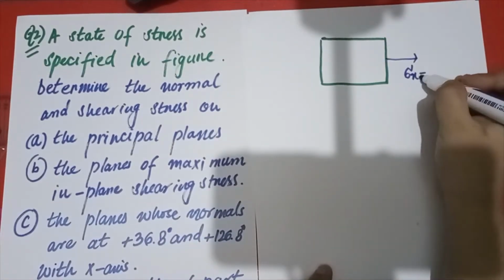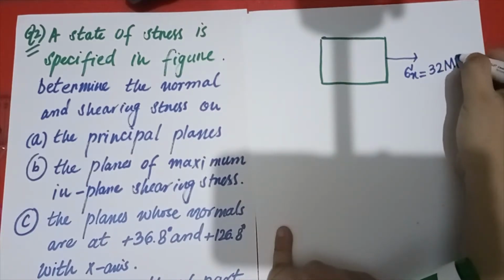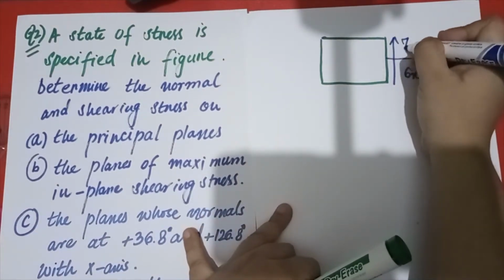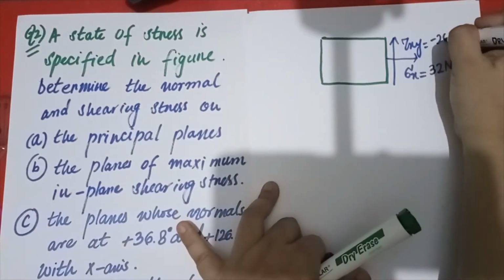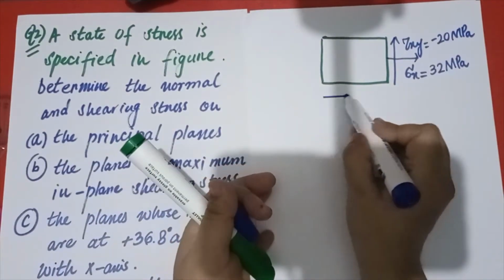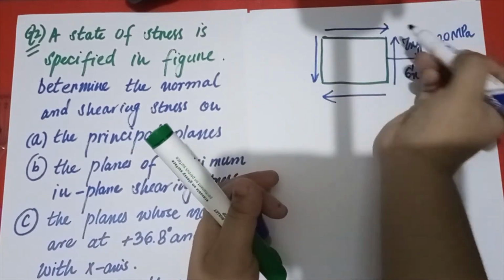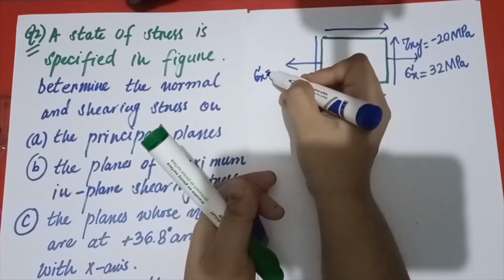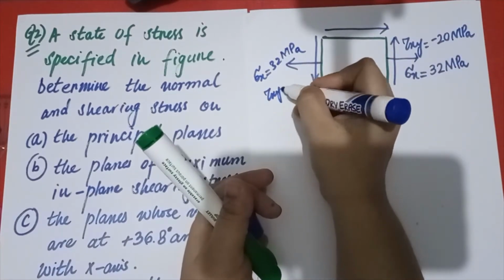Sigma x is 32 MPa, and tau xy is given in the question as minus 20 MPa. And if it is outward, it is also given that sigma x equals 32 MPa and tau xy is minus 20 MPa.